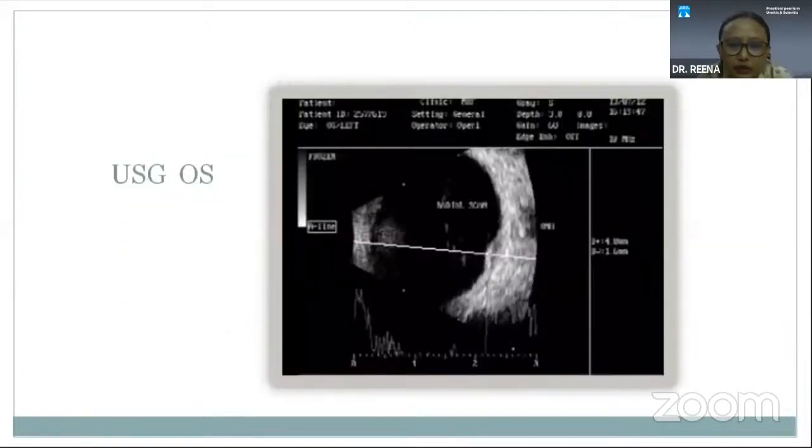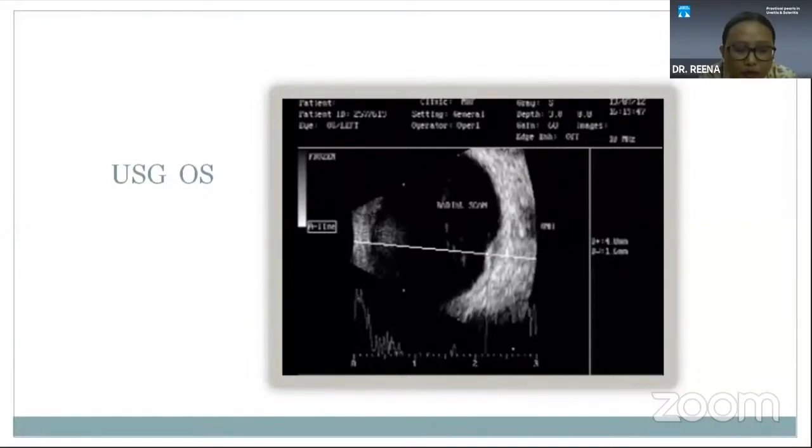Ultrasound of the left eye showed a retinochoroidal mass that was well defined, and it had moderate surface and internal reflectivity. The dimensions were radially 3.2 millimeter, circumferentially 2.6 millimeter, and maximum height 1.2 millimeter, and the retina was attached elsewhere.